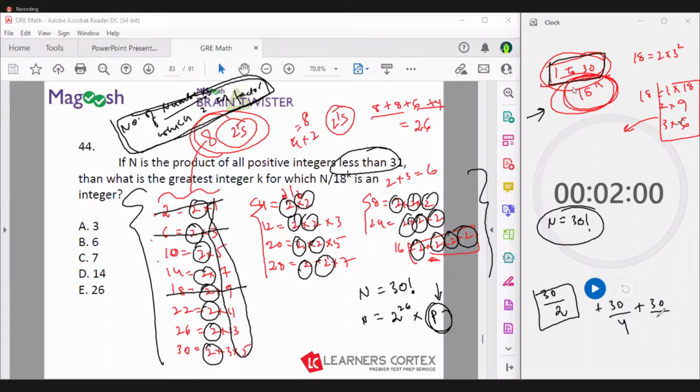Similarly, then there is 30 by 8 and then 30 by 16. So there are 15 numbers which are divisible by 2. There are 7 complete numbers, right? Because if you divide 30 by 4, you get 7, and 28 is remaining, so this will be counted here basically. Does that make sense?